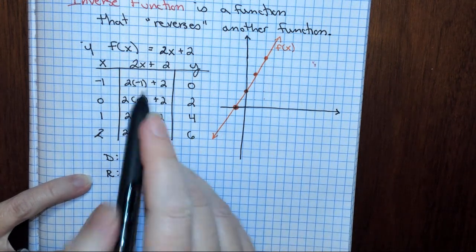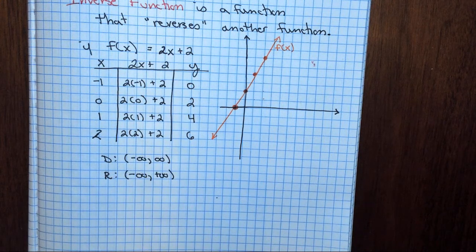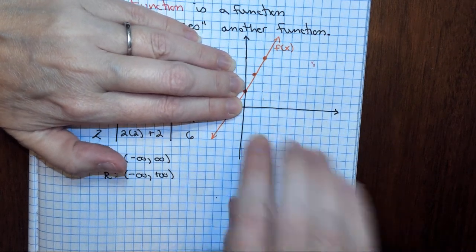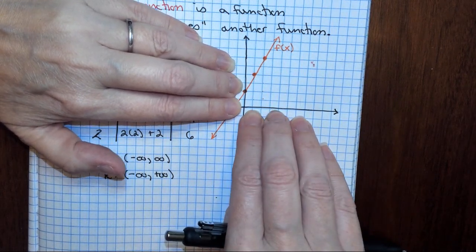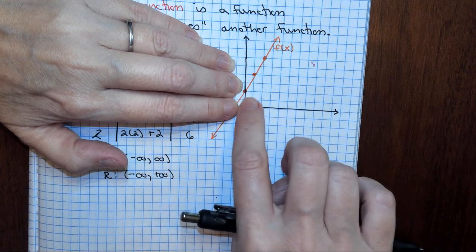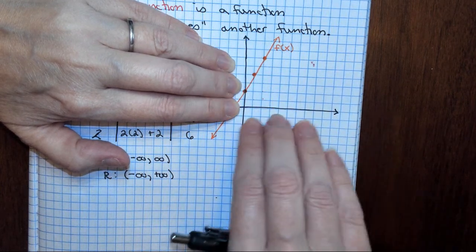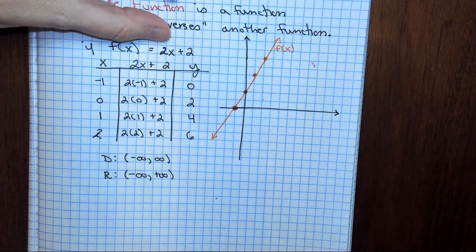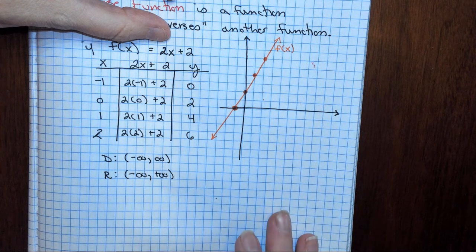This is a first degree function, a line. This is not a situation dealing with, for instance, time and money or distance, where I can only stay positive, which would place restrictions on it. But this is a line, and therefore I can go from negative infinity to positive infinity.